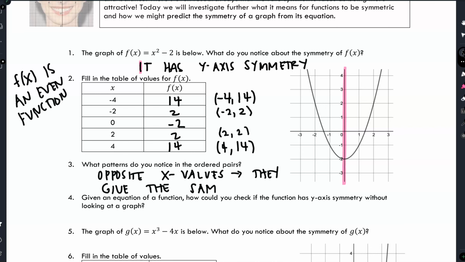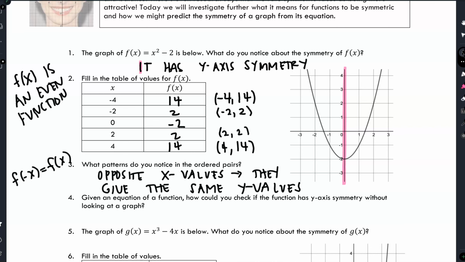So that is another definition of being an even function. When I plug in a negative version of my x value, it's going to give me the same thing as if I put in the positive version. All right, so given an equation of a function, how could you check if the function has y-axis symmetry without looking at a graph?